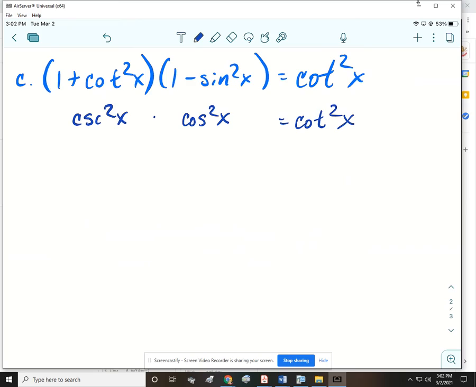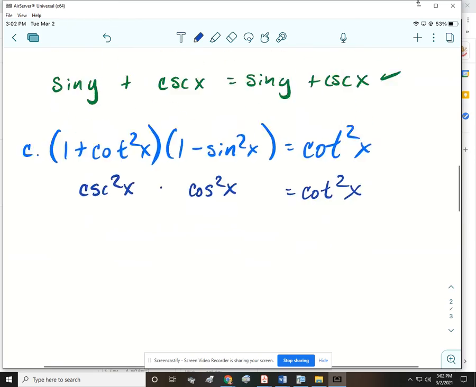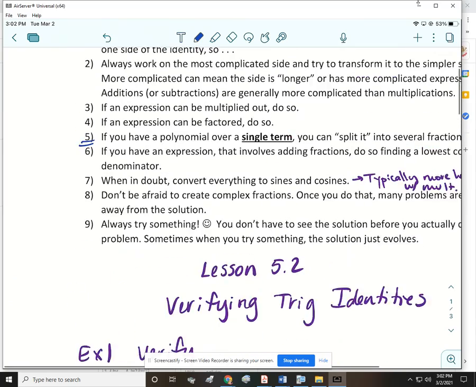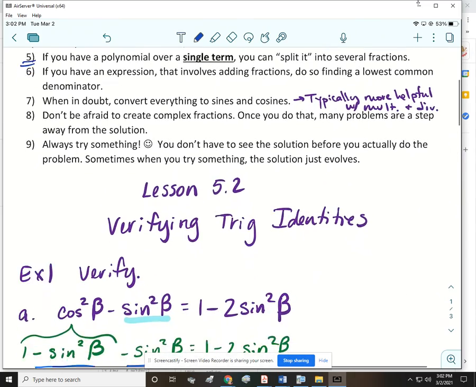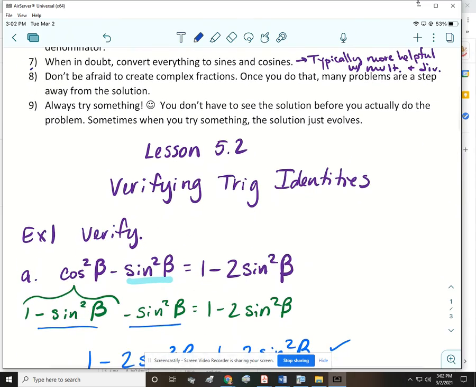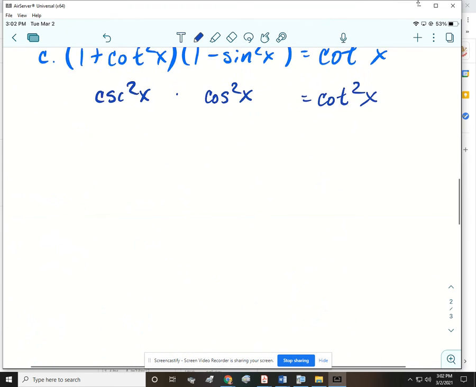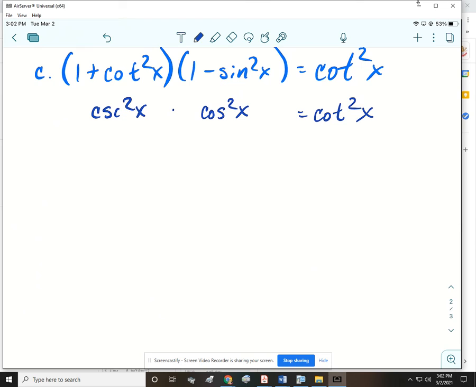All right. So this is one of those situations where we want to convert everything to sines and cosines because we're multiplying. We want to end up with cotangent, so we want to write everything using sines and cosines. So cosecant squared is the same as 1 over sine squared of x.